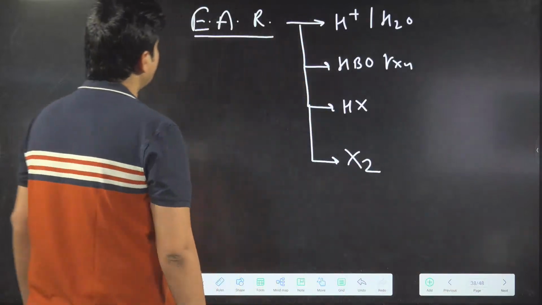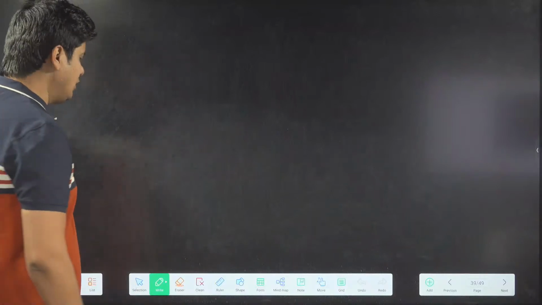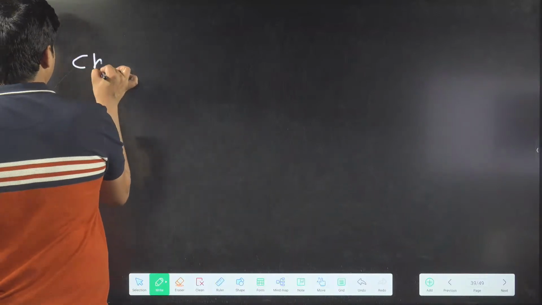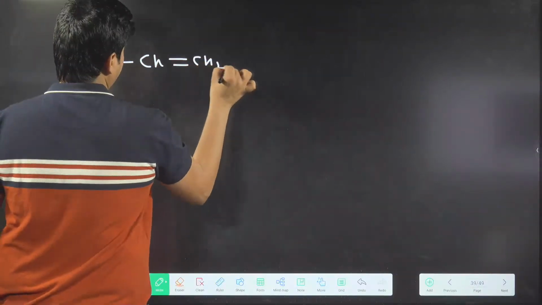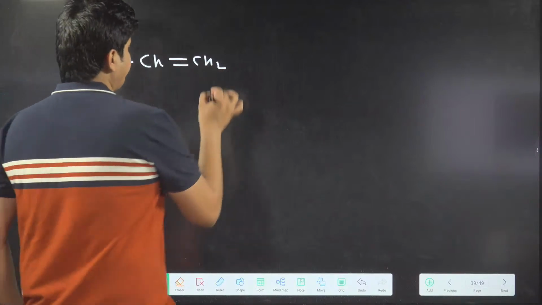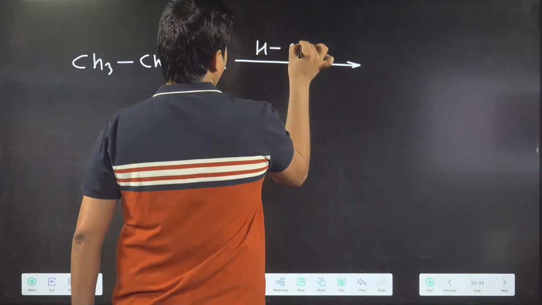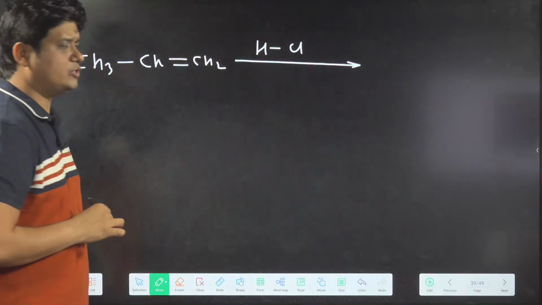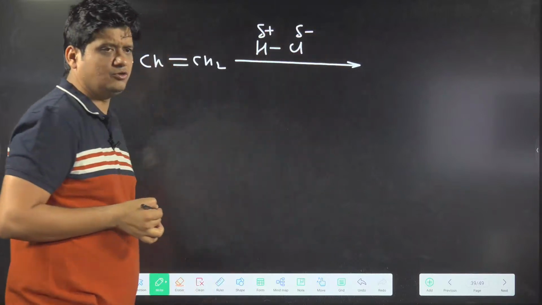Next, electrophilic addition reaction. Very important reactions are there. I will explain through only one substrate. You will understand all the concepts of electrophilic addition reaction. This is there. Now it is treated with HCl. So HCl you can break like H plus Cl minus.